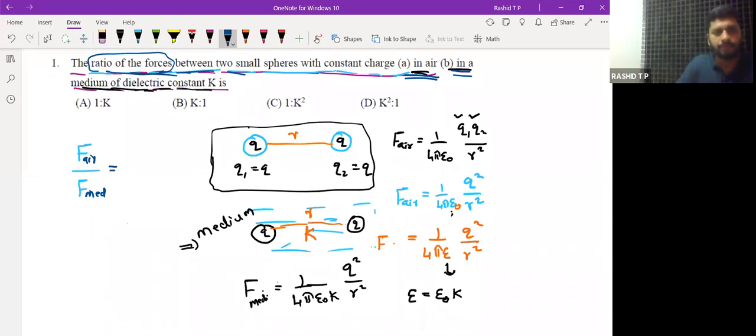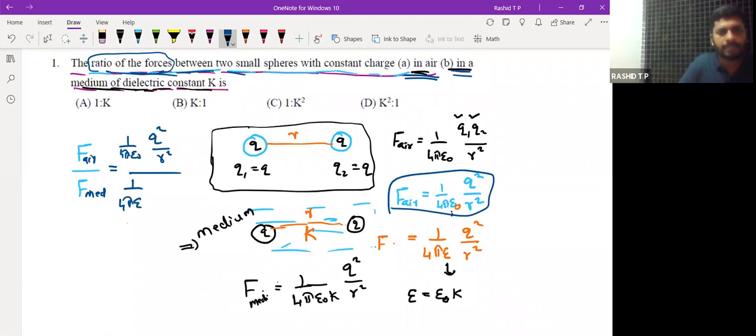Fine. Now, F air by F medium means here F air you have this expression, simple substitution, that is 1 by 4 pi epsilon 0 Q square divided by R square. Medium, that is 1 by 4 pi epsilon, and instead of epsilon, we have to substitute epsilon 0 K, divided by R square. Then 1 by 4 pi epsilon 0 cancels, Q square cancels, R square cancels.